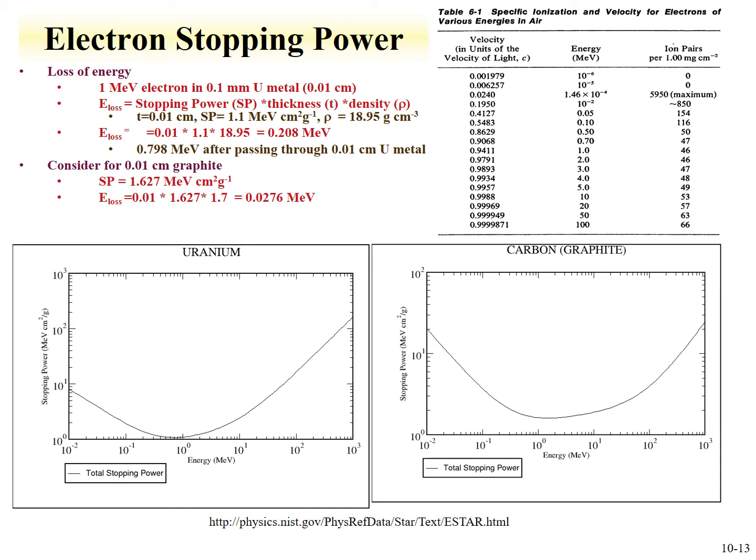So we see the same sort of behavior that we saw with the range for positively charged particles, where the number of ion pairs that are formed maximizes right as the particle stops. So the electron has the same behavior. Obviously, the differences are charge and primarily the mass.